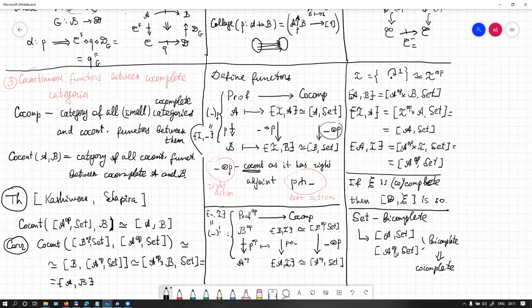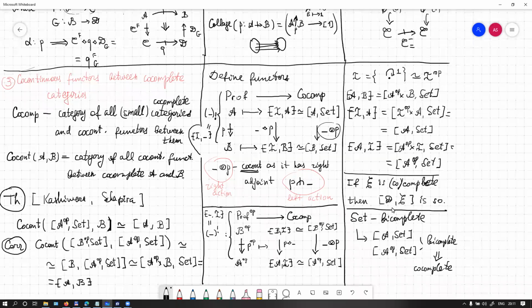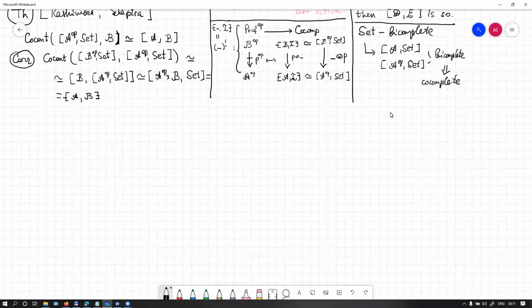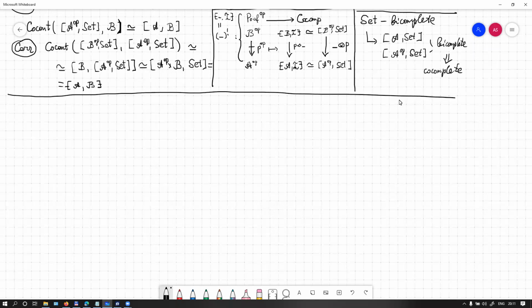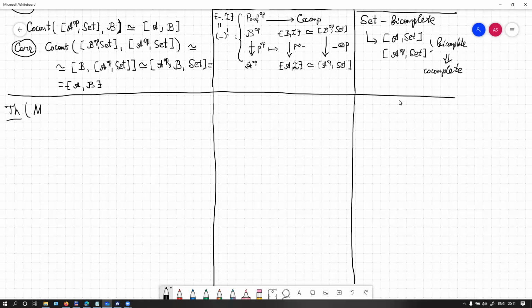Now I want to state the general statement about these functors that we just defined. So, theorem, proved by Morita, Watts, Lawvere, and Benabou.